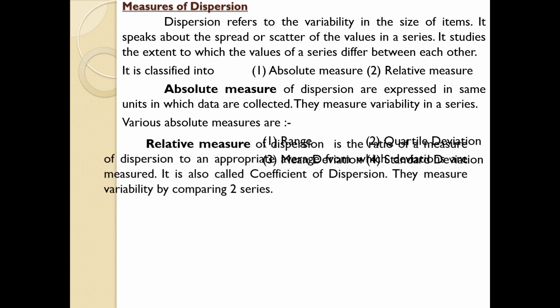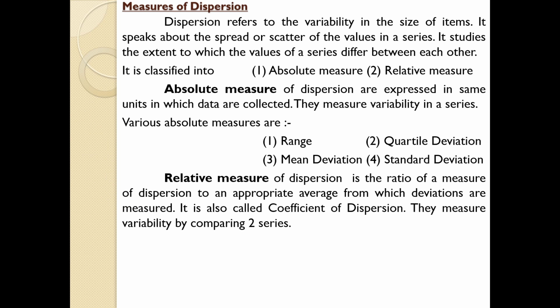Next one, relative measure. Relative measure of dispersion is the ratio of a measure of dispersion to an appropriate average from which deviations are measured. It is also called coefficient of dispersion. They measure variability by comparing two series.